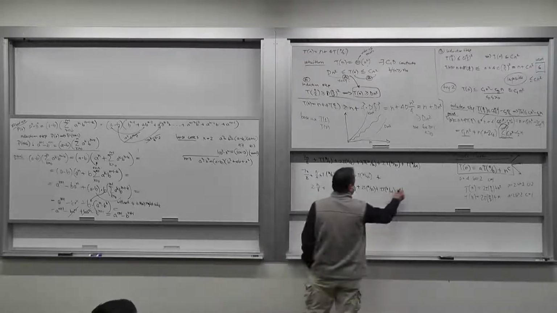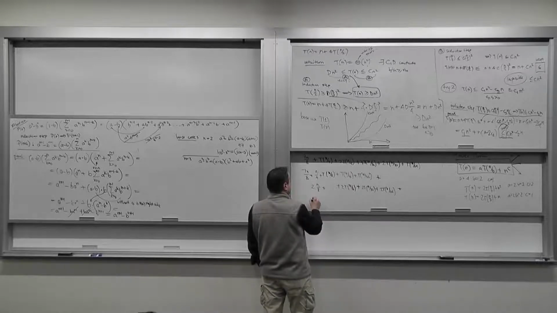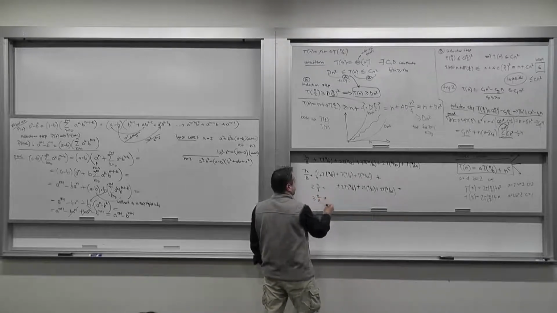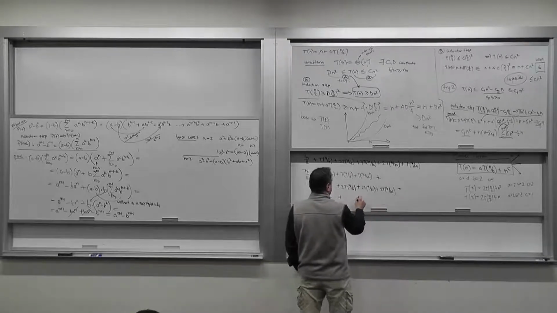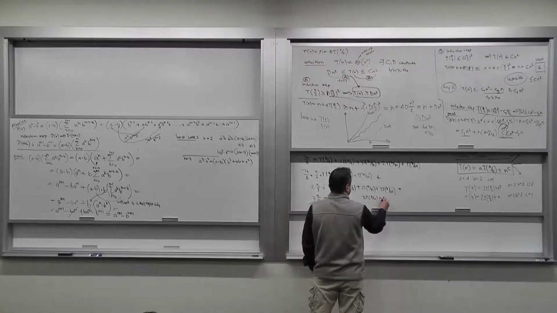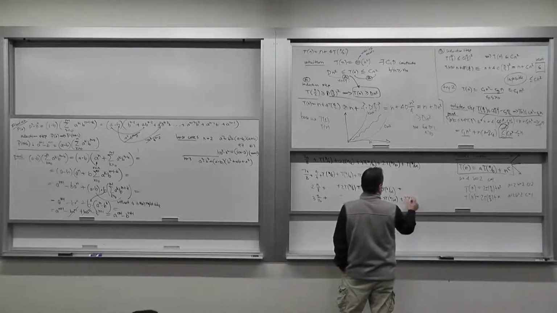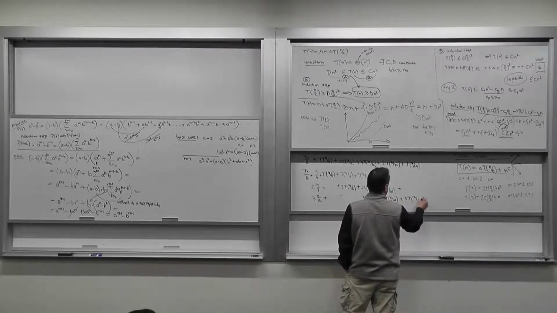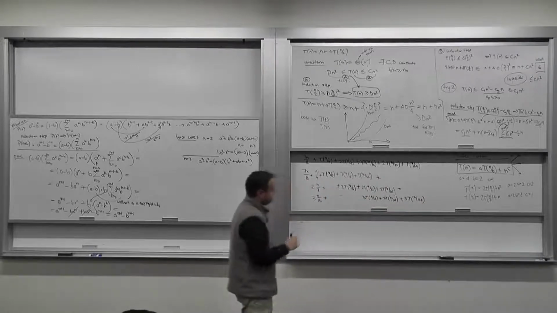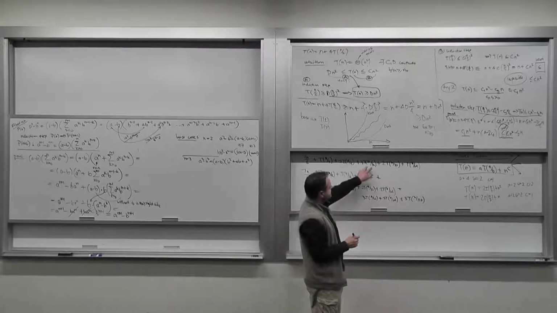What's the next one? 3n by 16. So that's going to be a 3, 32, plus 3, 4, plus 3, 128. That's the n by 16 term.